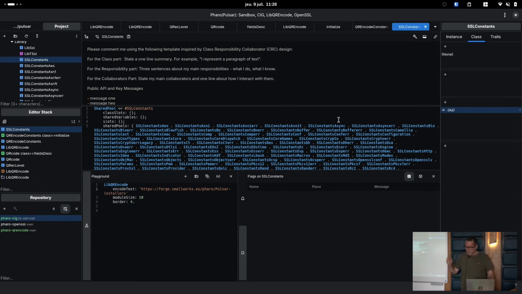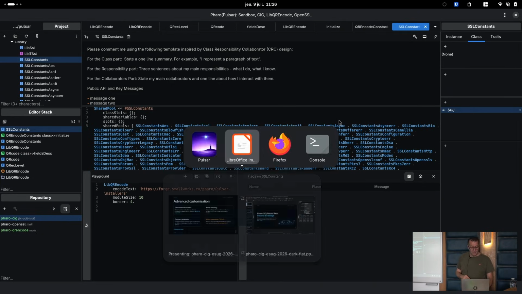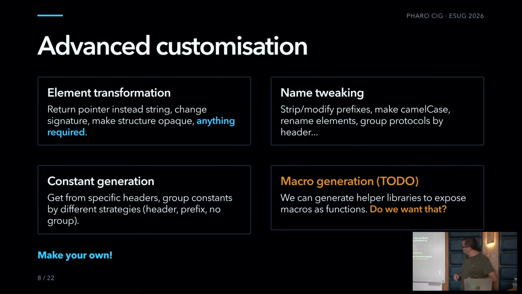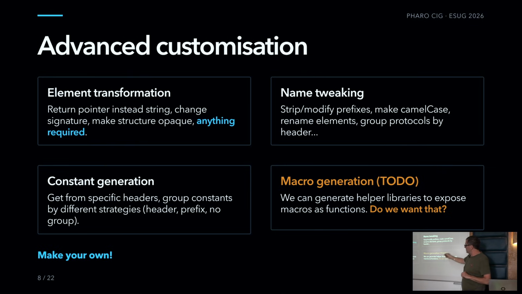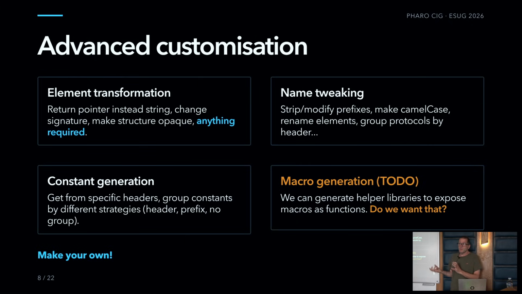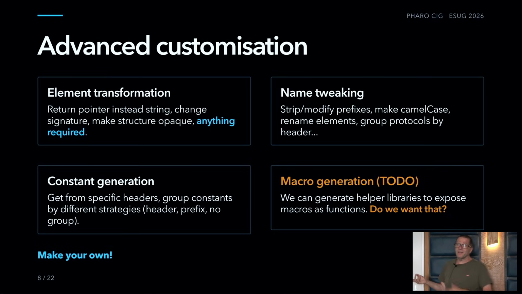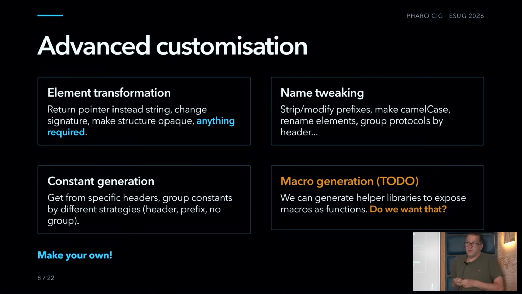And then the other thing that is missing, and I wanted to discuss with you also, is the macro generation, because there are macros that are used as functions. So what do we do with that? I just create a companion library that will generate those as functions, so I can access them, because I cannot access that from Pharo.